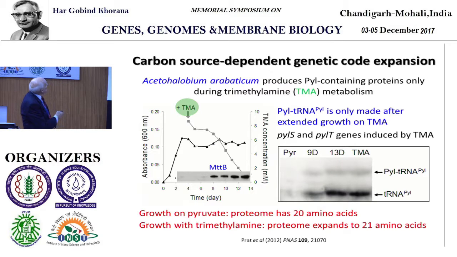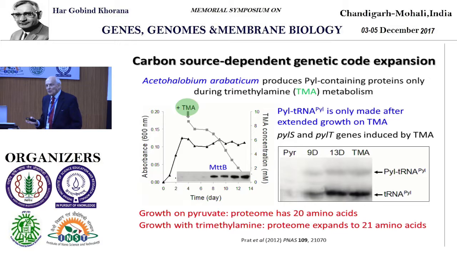Something else we saw, this is carbon source dependent genetic code expansion. Acidoholobium arabaticum is a bacterium that, depending on the carbon source you grow it on, if it grows on pyruvate, then the proteome has 20 amino acids, absolutely everything is fine. However, if you grow it on trimethylamine, pyrrolysine is being made, and then the proteome expands to 21 amino acids.